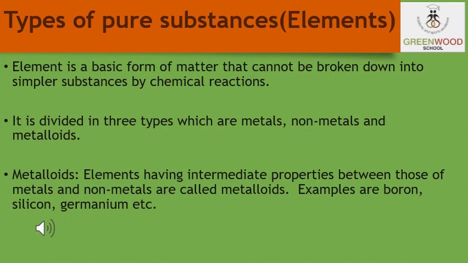Elements having intermediate properties between those of the metals and the non-metals are known as the metalloids. For example, boron, silicon and germanium. These are known as the metalloids. Now in the next slide we are going to discuss the metals and the non-metals.